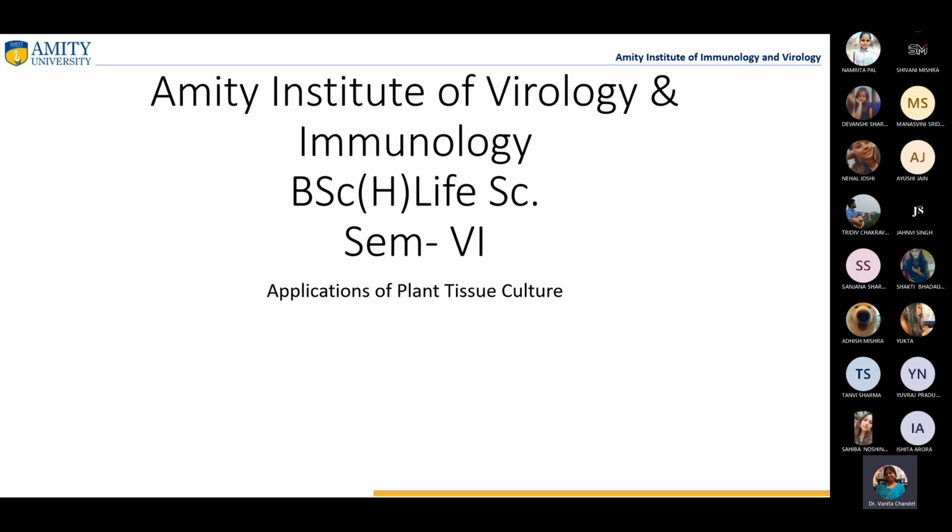Okay, Manaswani. Good morning, ma'am. So, the basis of plant tissue culture is that a particular part of the plant, a particular tissue from the plant, is taken and grown in optimum conditions, which allows for the production of genetically identical clones of that particular plant.